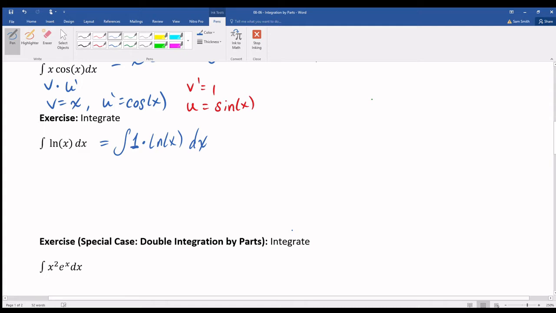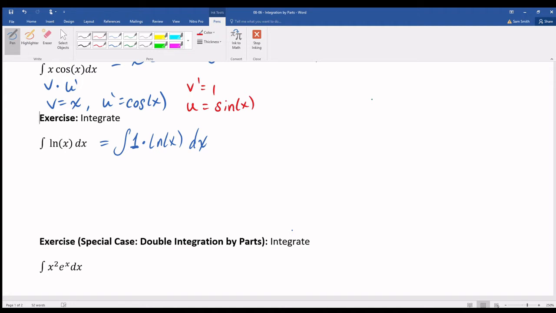Now at the moment I have two functions here, 1 and natural log of x. Now if only I could take the derivative of natural log of x, the natural log of x would be reduced to 1 over x, which might be a little bit easier to work with.